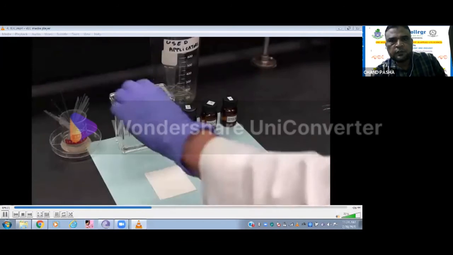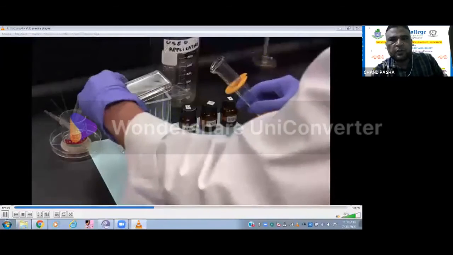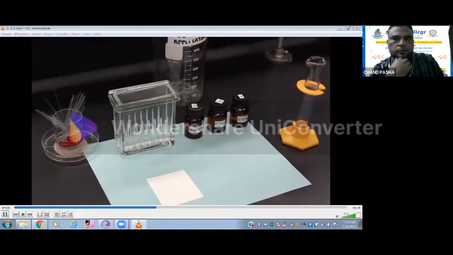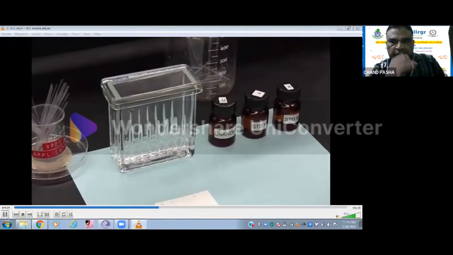Now, we are taking the mobile phase in the chromatographic chamber, and we need to allow it some time for saturation, so that the humidity will be filled over there.